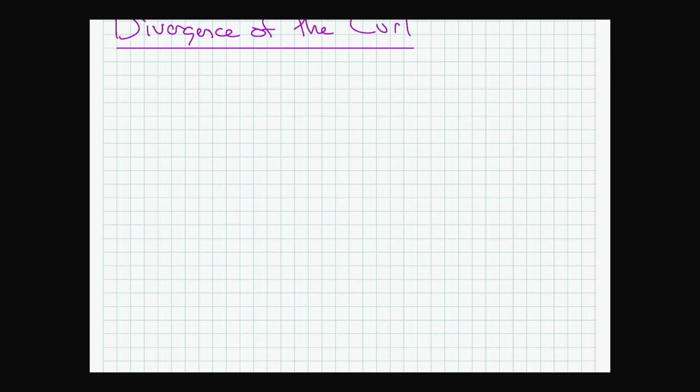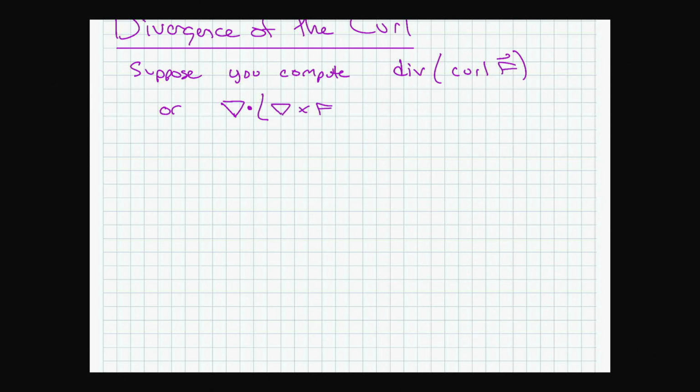Okay. So suppose you compute this for just some vector field. Suppose you compute the divergence of the curl of F. I guess you could also write that as: divergence is gradient dot, and then curl is gradient cross F. Looks complicated, right?